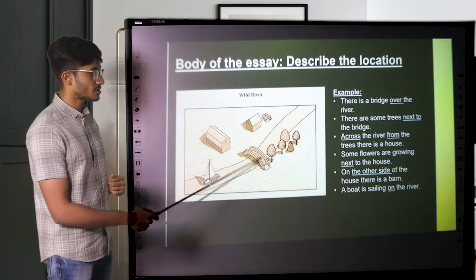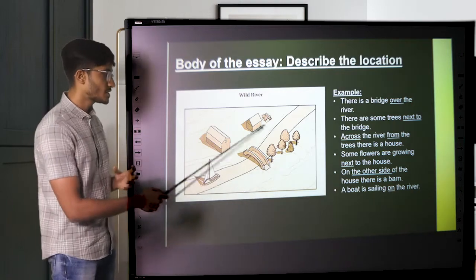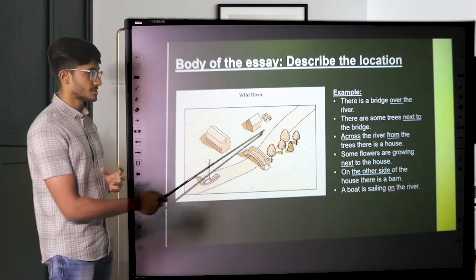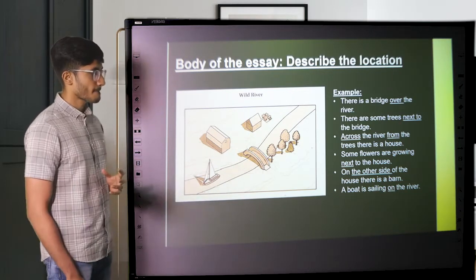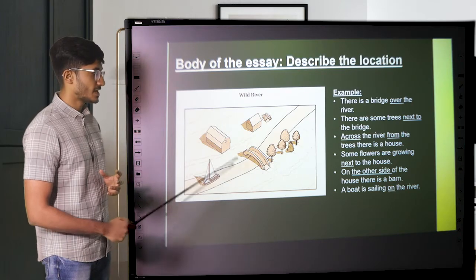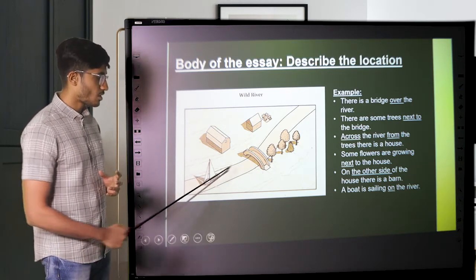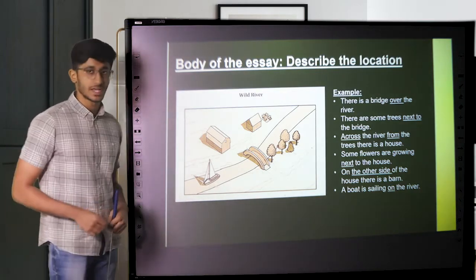But when you're saying across the river, from the trees, you know from which side to go. Some flowers are growing next to the house. On the other side of the house, there is a barn. A boat is sailing on the river. All these help you understand the location of each of the elements.